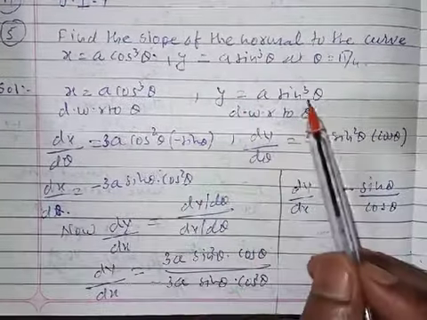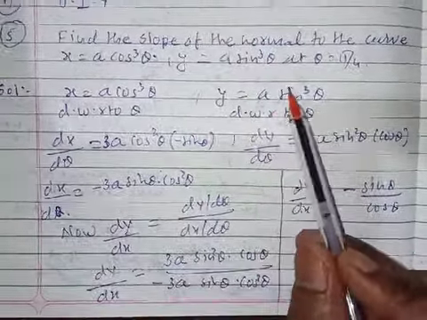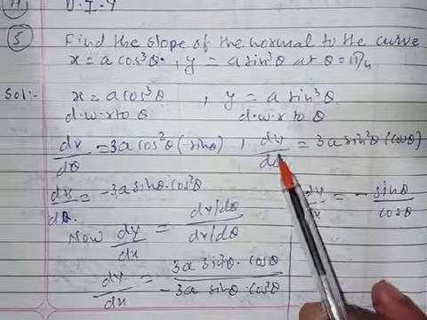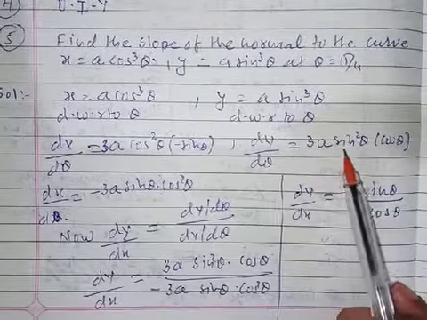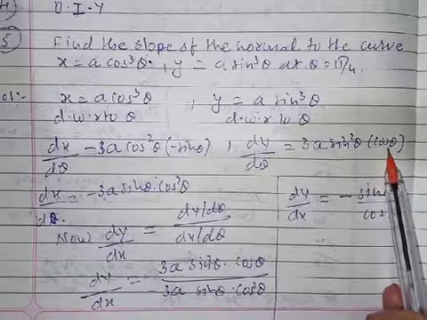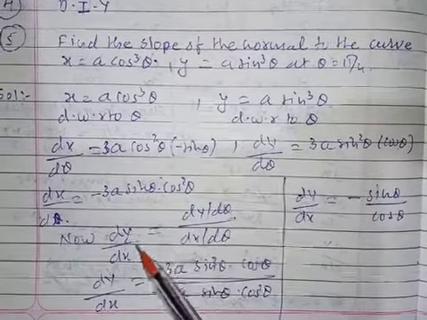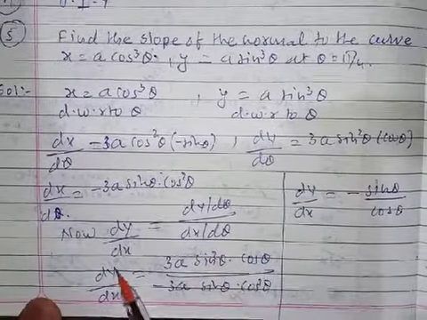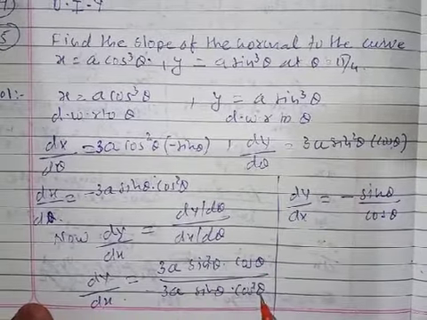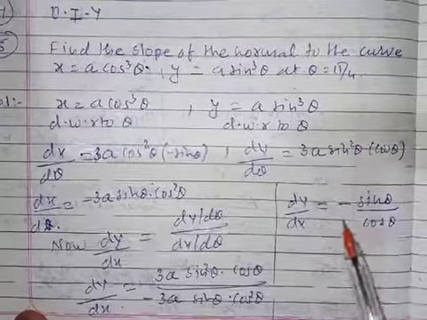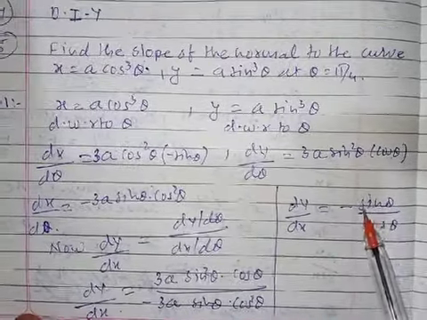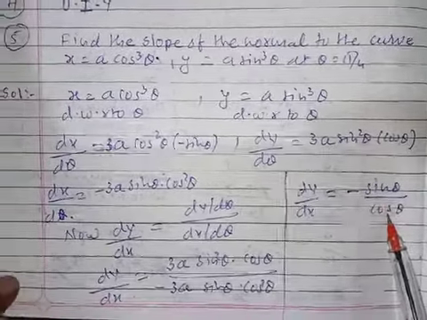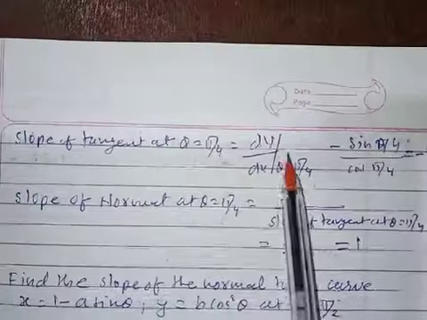And the same way, with respect to power, then with respect to function, dy by d theta is equal to 3a sin square theta into cos theta. So dy by dx is equal to dy by d theta upon dx by d theta. If you simplify, dy by dx is minus sin theta upon cos theta.